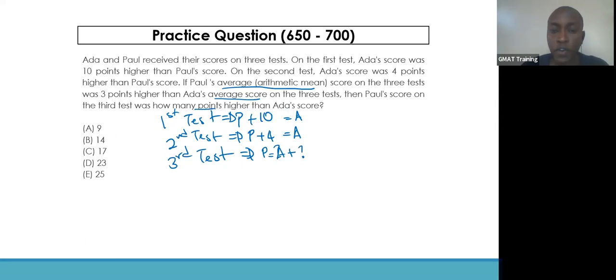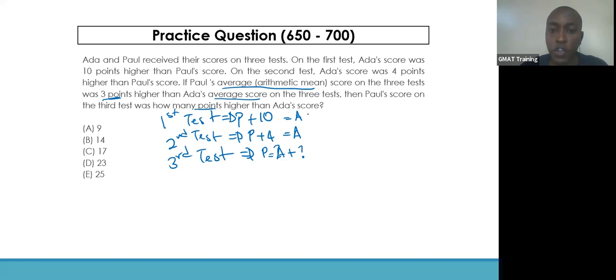So we have Ada scoring 10 points greater than Paul's score on the first test, and on the second test 4 points greater than Paul's score. On the third test, Paul should have scored enough points to have an average 3 points higher than Ada's.